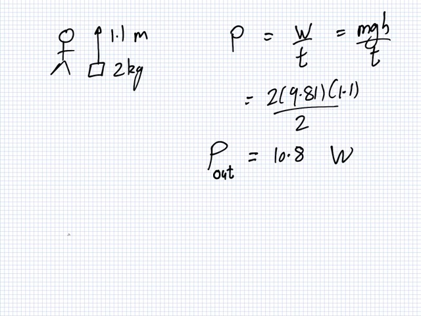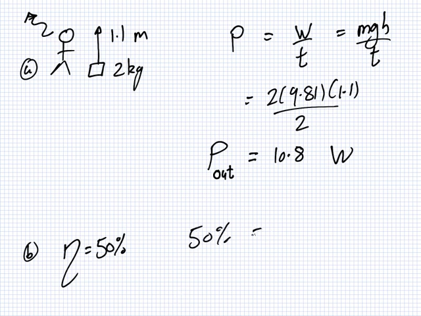So the next part is, what is the input? And we're told that the efficiency is 50%. Half of it is wasted as heat. So we have 50% equals 10.8 over x, times 100%.